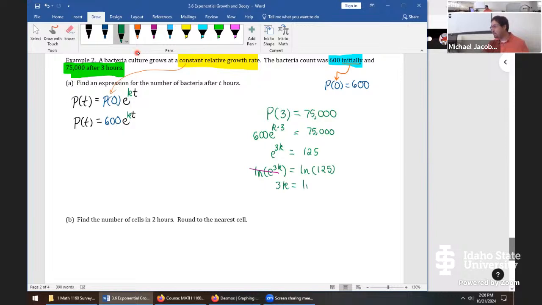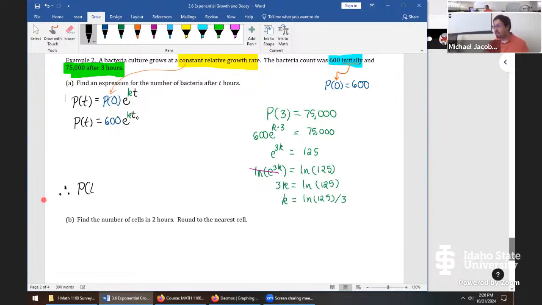So 3k is now equal to the natural log of 1.25, which means we have the relative growth rate. All we need now to do is just divide by 3. So k is equal to the natural logarithm of 1.25 over 3. Well, we're just about there, folks. After solving that equation, we come back over here and just plug it into the model. So let's write this out carefully. Let's put a little therefore symbol just to say this is our conclusion with all the work we put out.